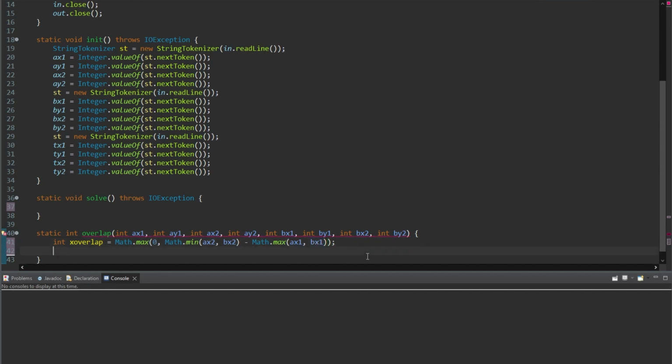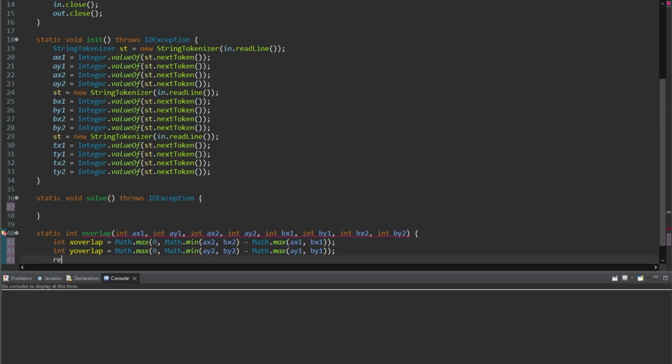Remember, this takes the smaller of the top right x coordinates, and the bigger of the lower left hand coordinates, and finds how many x units overlap. And we can do the same thing for y. Just name it yOverlap and have the exact same thing, replacing everything with y because, like I said earlier, the formula is the same for x and y.